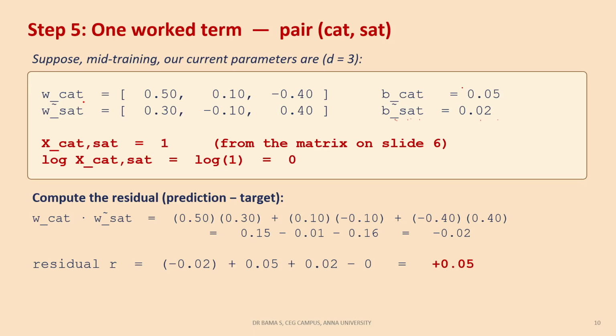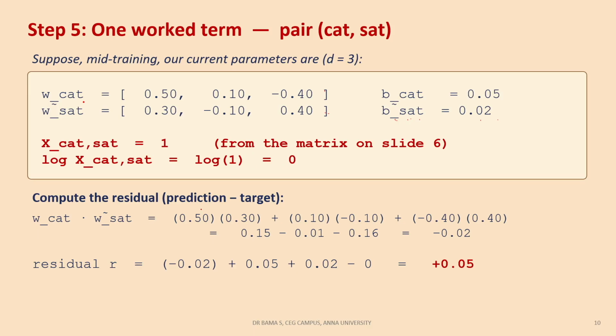This is the embedding vector, and x cat sat is going to be 1. This we got from the co-occurrence matrix, from slide 6, the earlier slide that we had. And because log of 1 is 0, the value of log x cat sat is going to be equal to 0.